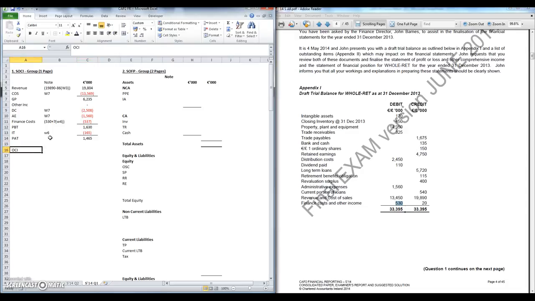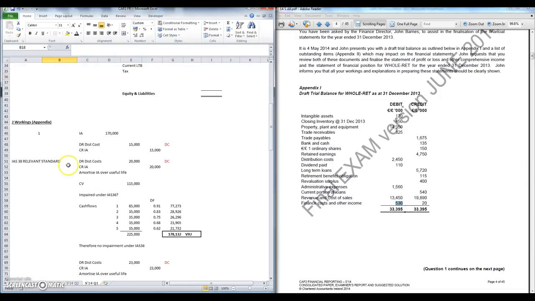But don't forget, you also have OCI items, which is the remeasurement of pension, and you also have land valuation. So the remeasurement of the pension, you can put a note here if you want. You know that's going to be working 6 or working 4.